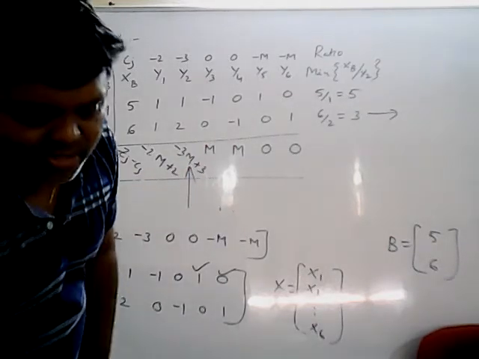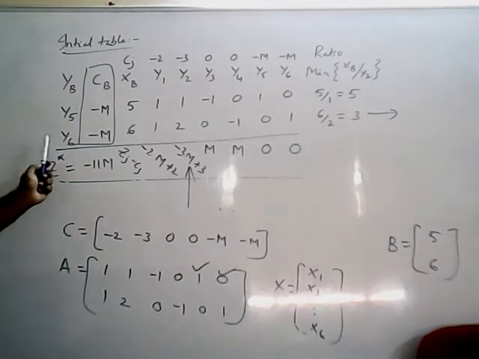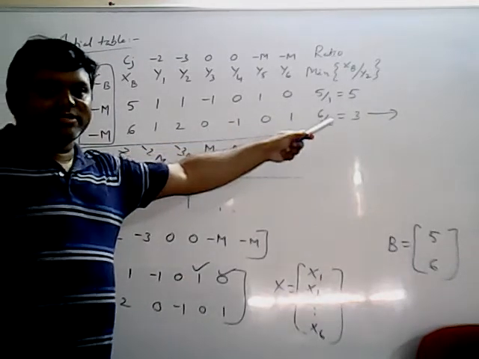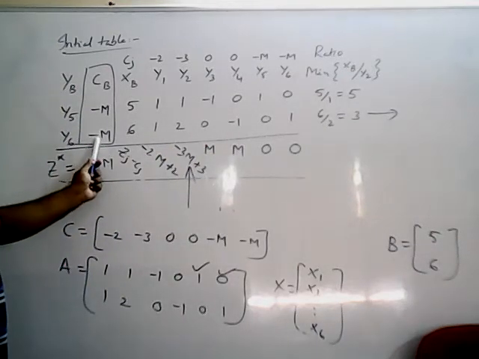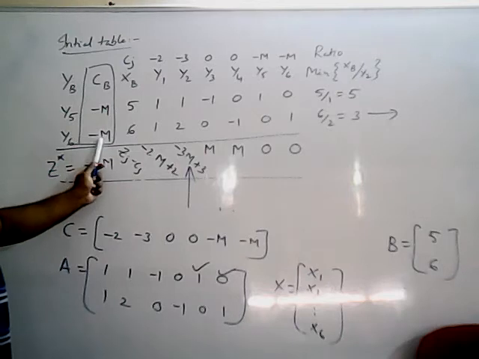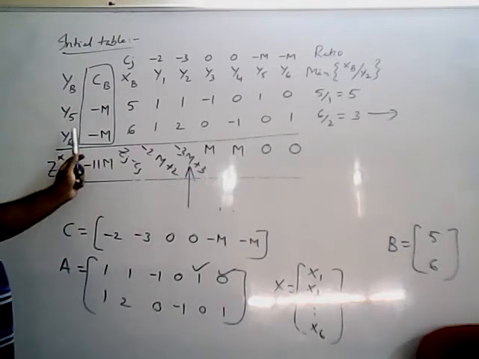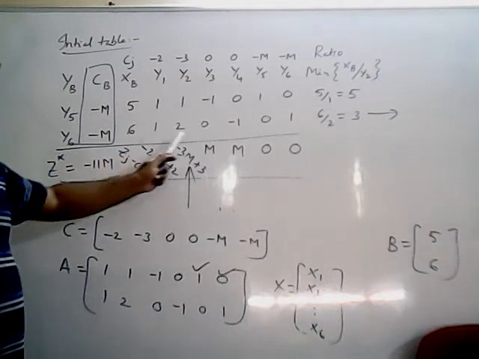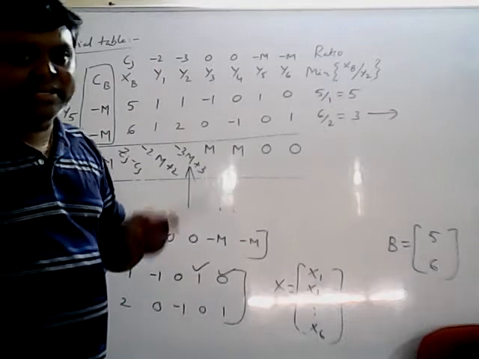Now there is a small change in this method. Up to this point it is the same. So what is the deleting variable? The deleting variable is y6. Is y6 an artificial variable or not? Minus m means it is an artificial variable. Suppose in the Big M method the deleting variable is an artificial variable; you should not represent that particular column in the next table.